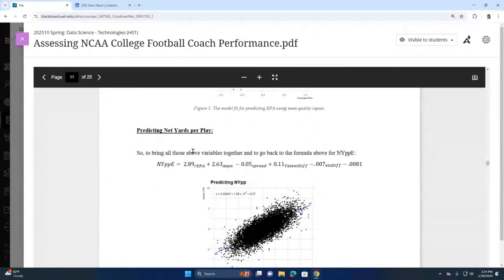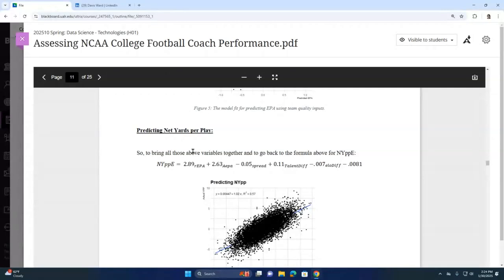Okay. So what did he want to do? Since he wasn't going to use wins and losses, what did he want to use as his metric? His idea was that a much more reliable measure of coaching performance was the net yards per play.